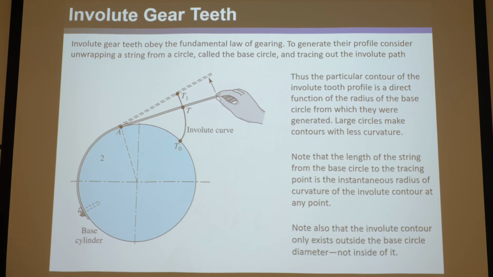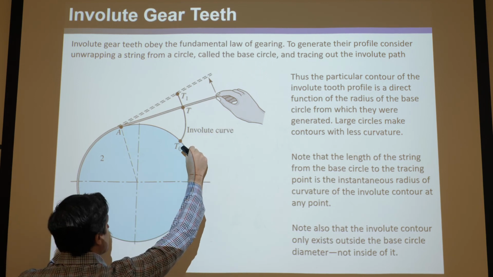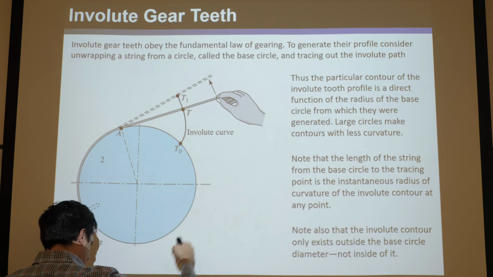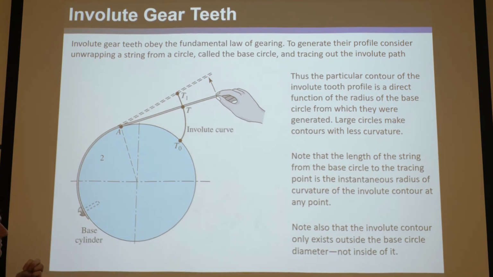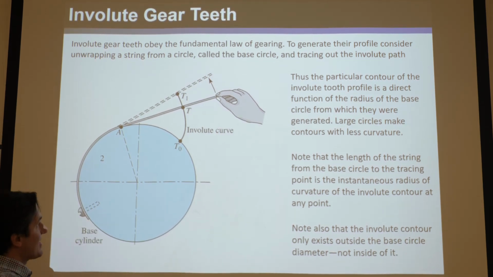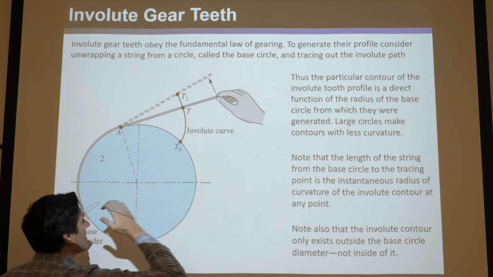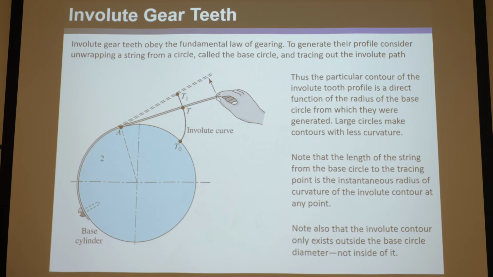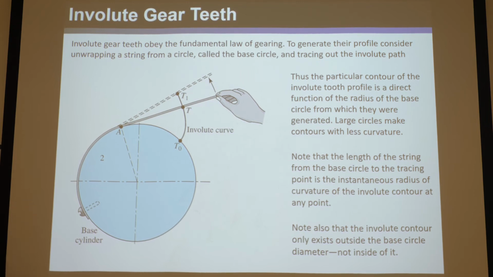Also note that the involute contour only exists outside the base circle. You can't physically pull the string through the base to generate a curve below this line, and mathematically it doesn't exist except outside of the base circle. If I just handed you a gear, you can't just look at it and know where the base circle is.